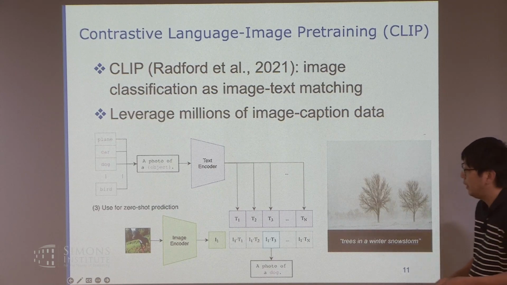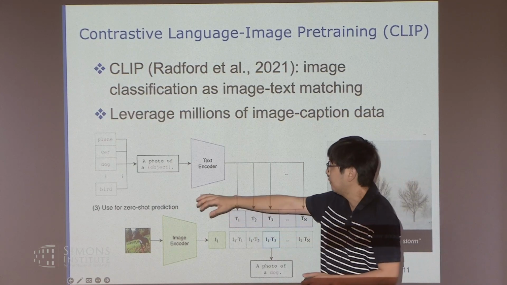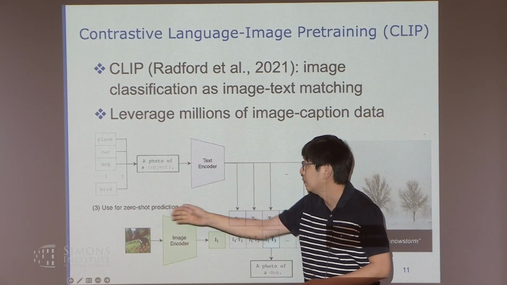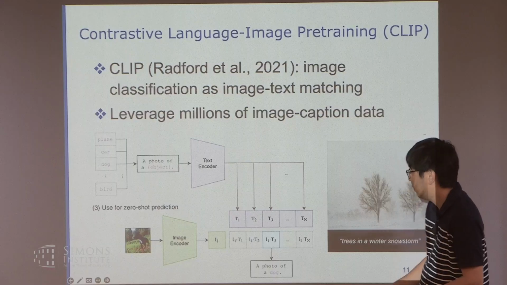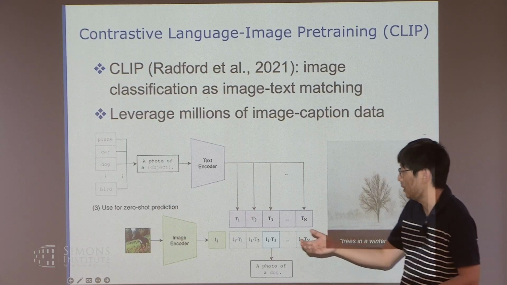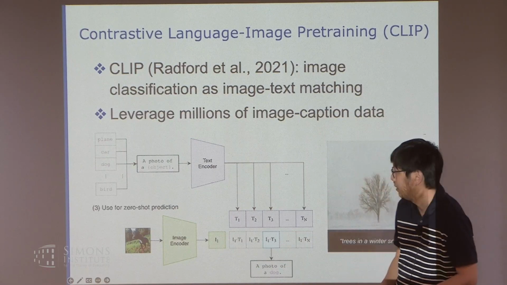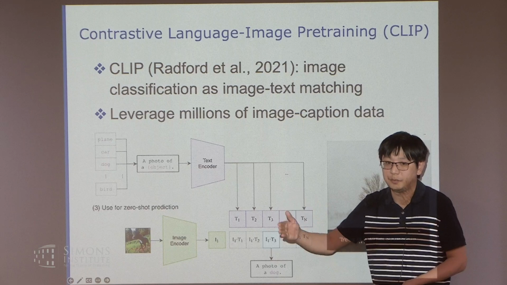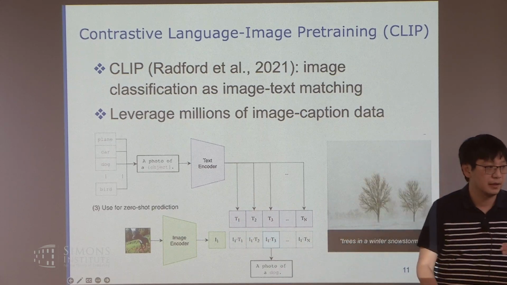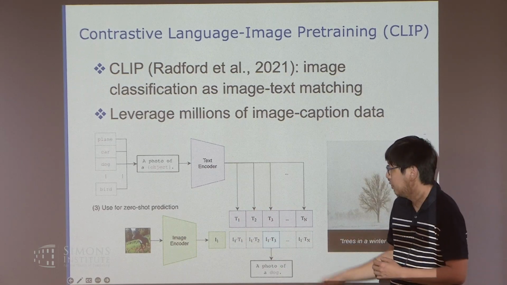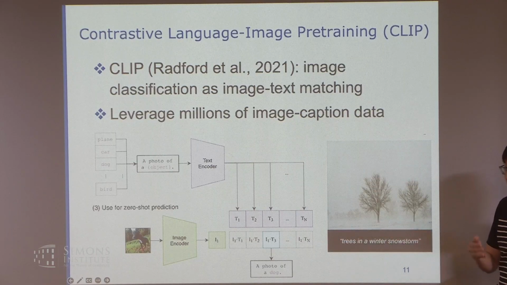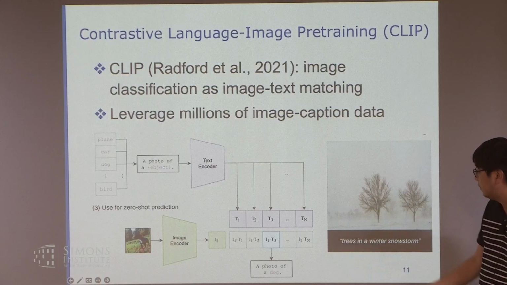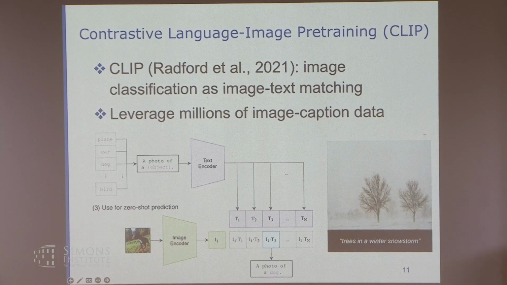The way they do it is you have a text encoder to encode these captions into a vector, and an image encoder to encode the image into another vector. You have a bunch of vectors representing different captions and a bunch representing different images. If this caption is associated with this image, the inner product needs to be large, otherwise it needs to be small. It's a very simple way to design this objective function, and then you can train a very good model.